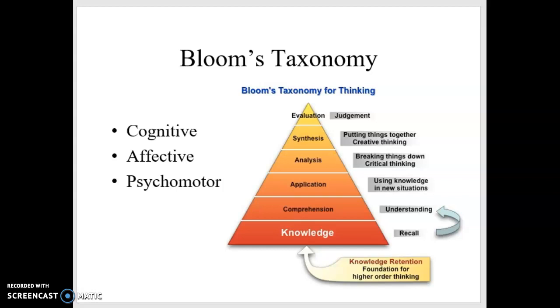So we have knowledge, and upon that knowledge, we start to understand. Knowledge for the sake of knowledge is trivia, right? Recalling facts is important only when we can use those facts for something meaningful. So we start to comprehend, we understand, and then we are able to use that knowledge in new situations.